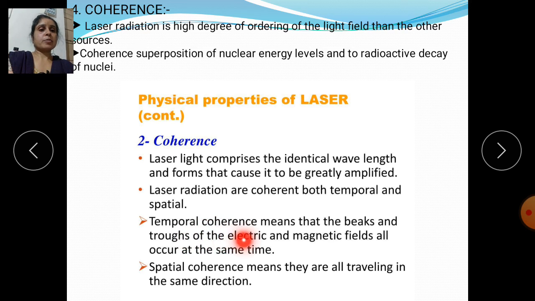First is temporal coherence, meaning the electric and magnetic fields of the beam occur at the same time. Second is spatial coherence, meaning the light beams travel in the same direction. That phenomenon is called spatial coherence. So in this way we discussed the properties of laser. Thank you.